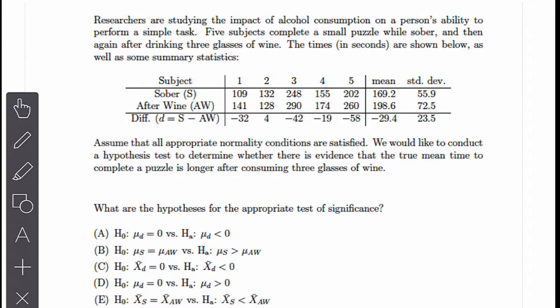So this is an example of a paired t-test. What you have are outcomes on the same person. So a person is their own match, sober, and then after having some wine, 3 glasses of wine in fact. All 5 participants in this study had 3 glasses of wine.